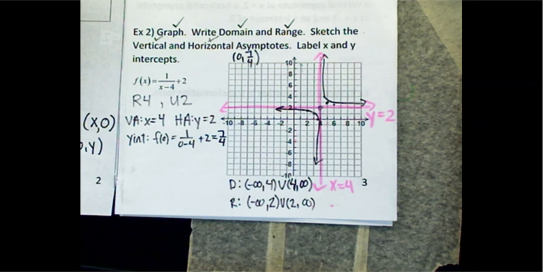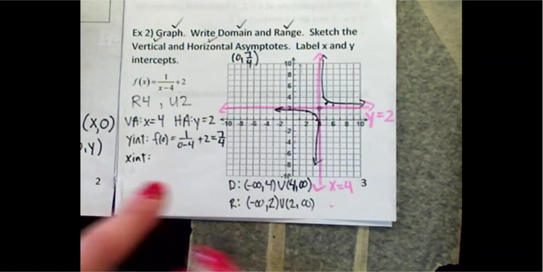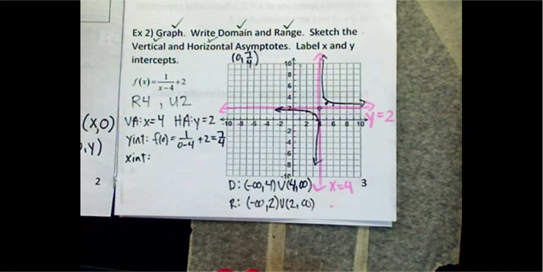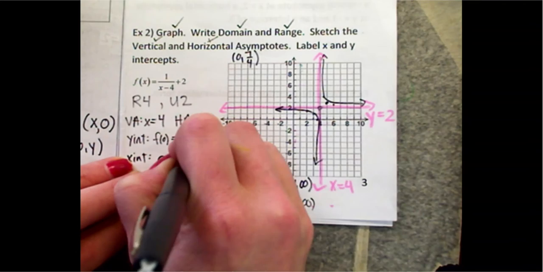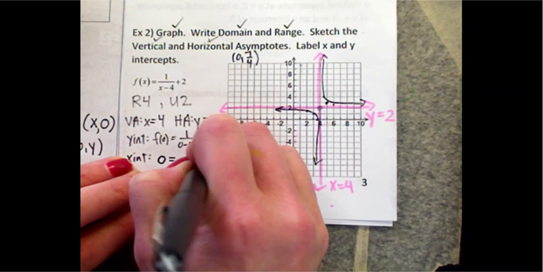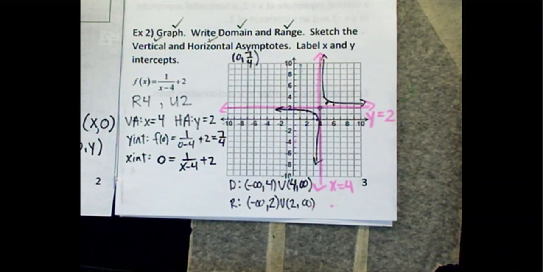It's kind of messy to label my points over the grid, so I'm just writing it up top so I can see it. Okay, x-intercept. Well, if I look at my booklet, it says plug in 0 for y. So it takes a little bit of solving. You might even be able to just guess and check that number.